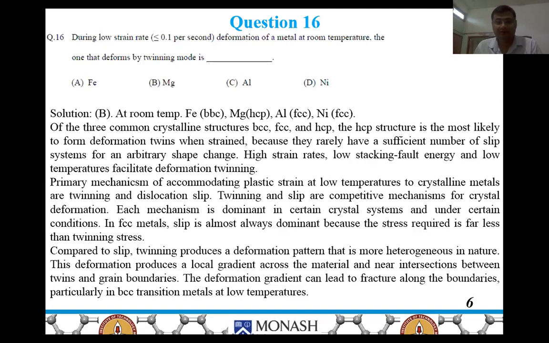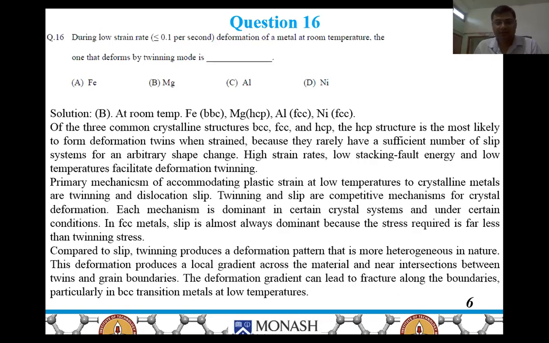Each mechanism is dominant in certain crystal systems and under certain conditions. In FCC metals, slip is almost always dominant because the stress required is far less than the twinning stress. Compared to slip, twinning produces a deformation pattern that is more heterogeneous in nature, and this deformation produces a local gradient across the material and near intersections between twins and grain boundaries.